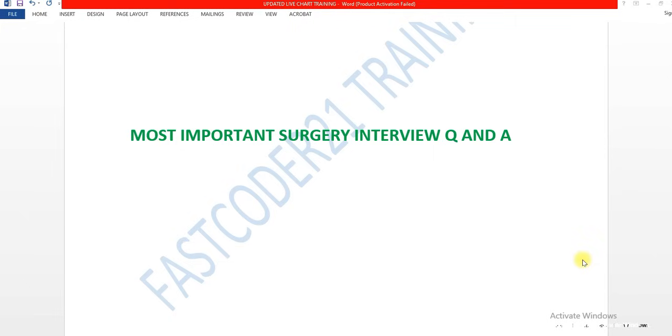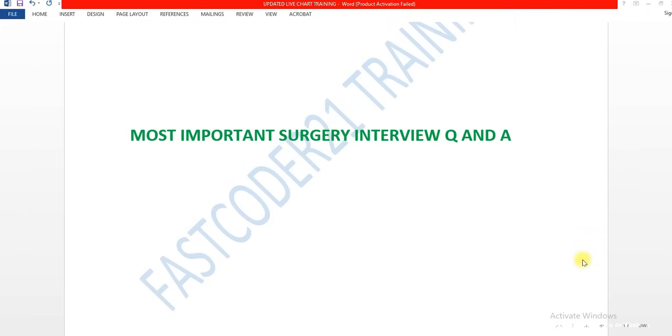Perfect. What are the lower leg bones? Tibia, fibula. In the leg we have the upper leg and lower leg. The upper leg contains the femur, the lower leg contains the tibia and fibula.